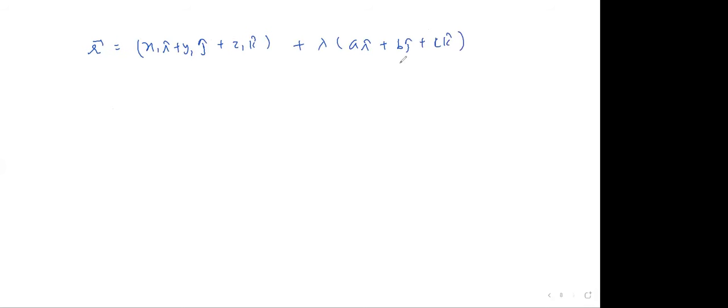Then what we do? We pick up these points x1, y1, z1, the coefficients of the position vector, and make it x minus x1, y minus y1, z minus z1, equal sign, and take the coefficient of the direction vector in the denominator.